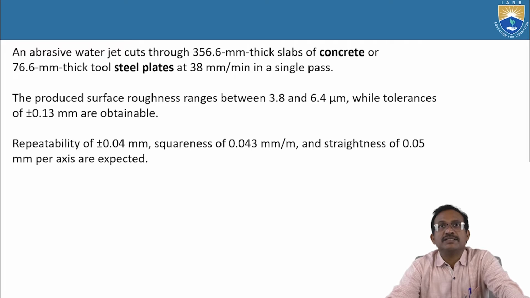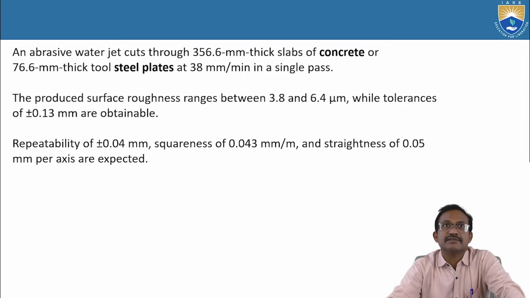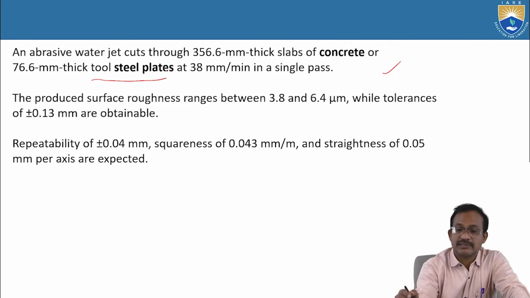An abrasive water jet cuts through 356.6 mm thick slabs of concrete or 76.6 millimeters thick tool steel plates at 38 mm per minute in a single pass. So you can imagine how well it cuts concrete and steel plates.